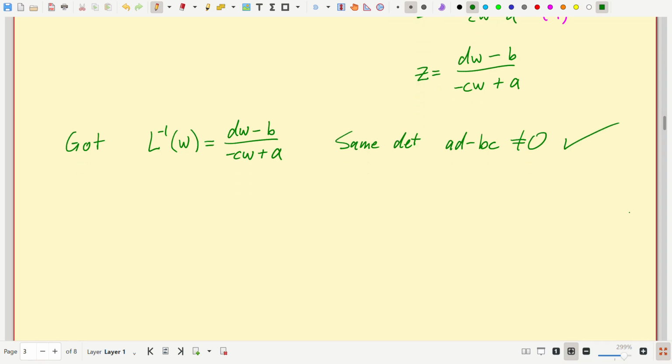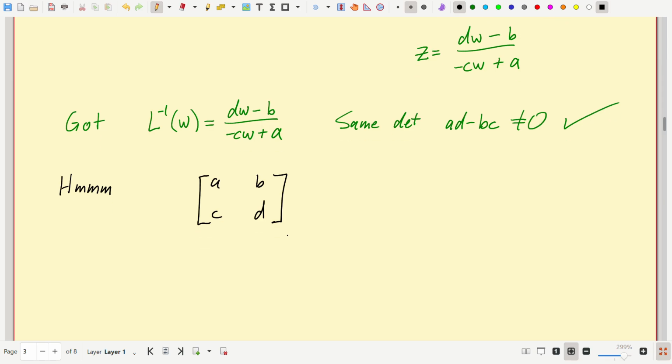And here's an observation that's going to make it easy to remember this formula. You must have seen this somewhere in your linear algebra studies: the formal adjoint formula for the inverse of a 2x2 matrix is particularly simple. Remember what you do. You switch the diagonal entries and you put minuses in the other corners.